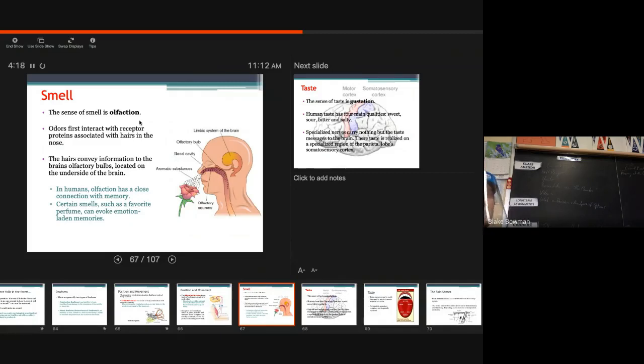What else does the limbic system perform? What other function does the limbic system have? So smell, I guess you could say taste as well, but what else? Hippocampus, remember?